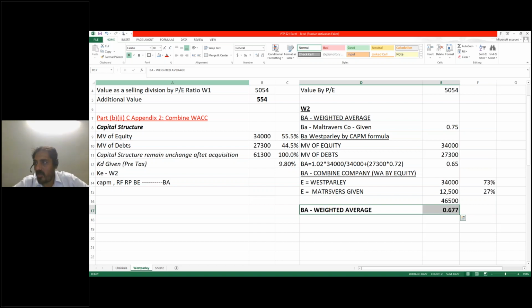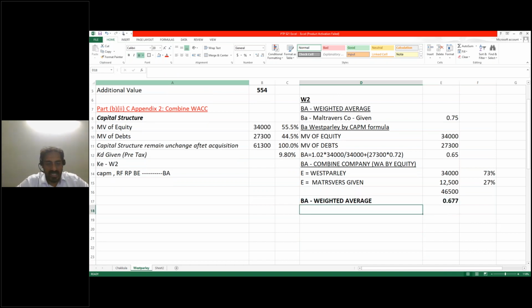Yes, class. Can you please reply to me, how is the working going on? Are you getting the point? If you derive the beta asset, then beta equity is very simple. 0.677 is equal to beta equity multiplied by, this is geared beta, gearing with the capital structure of 55.5 and 44.5.